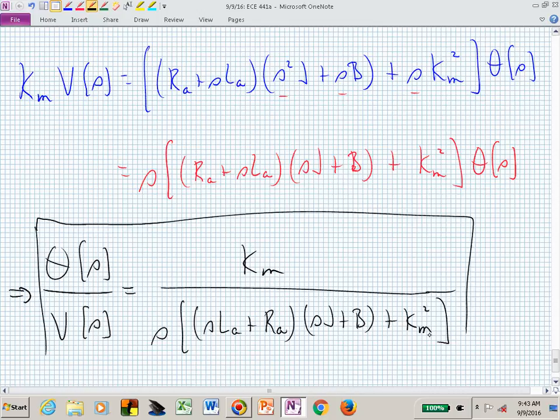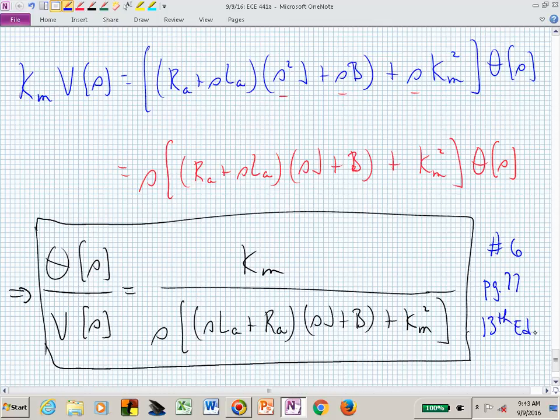And if you're playing along at home, you've already seen that this is row 6 in table, whatever table it was, on page 77. I think it's table 2.4 in the 13th edition.